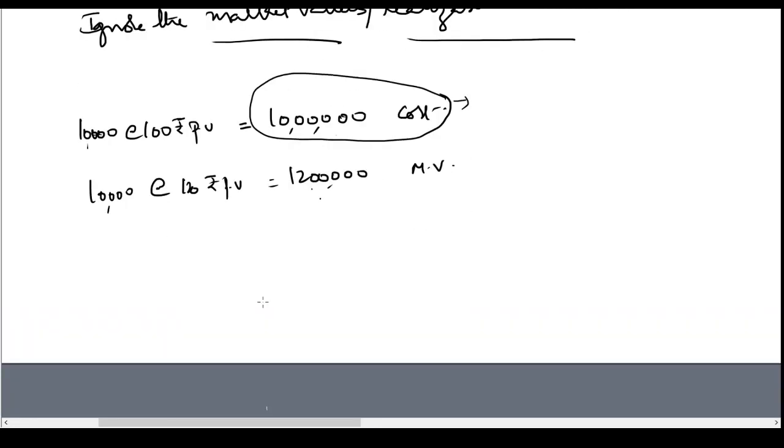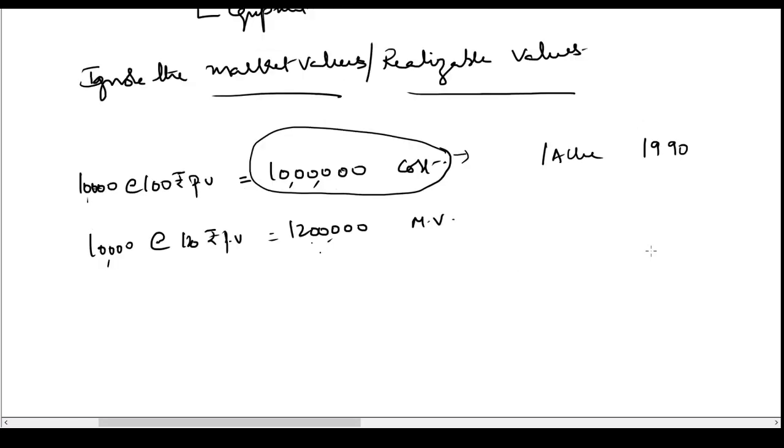One more example we can give is, you have 1 acre of land which was purchased in 1990. Let us say about 30 years ago you purchased 1 acre of land at a value of rupees 1 lakh. In 2021, the market value of the same land is let us say 10 crores now.